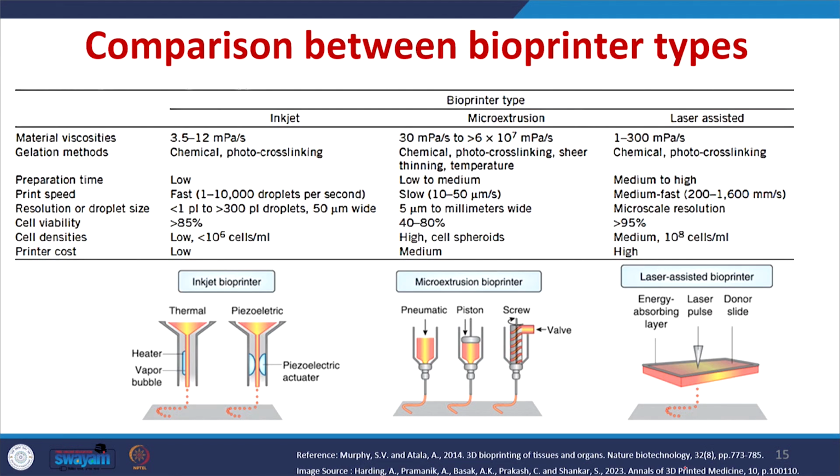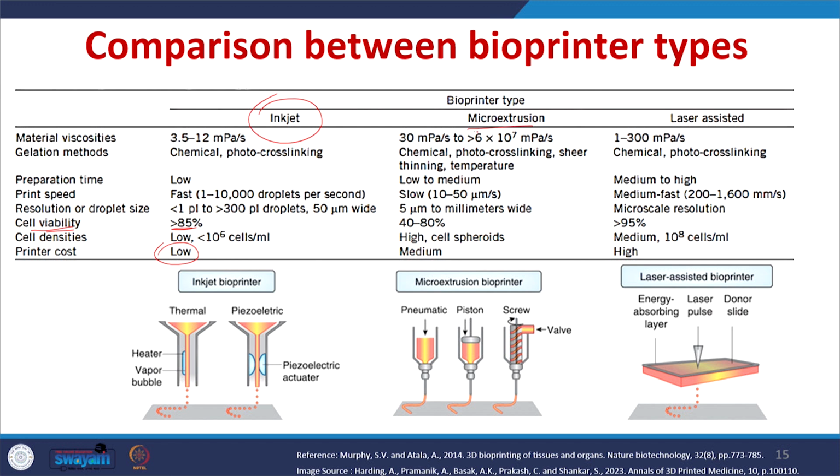So, from this slide you can understand the difference between the various 3D bioprinters, and we have to select the right bioprinter and right bio ink depending on our final application. For example, if we select inkjet, you can see that cell viability is up to 85% and the printer cost is low.